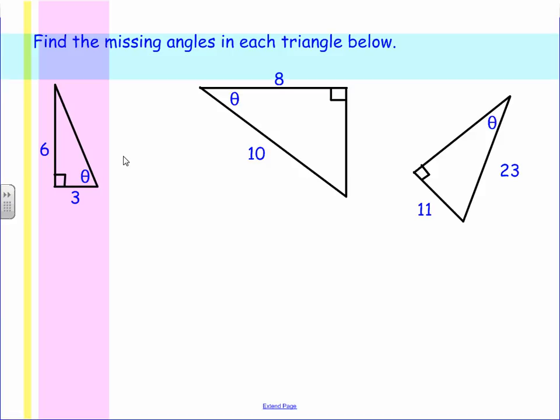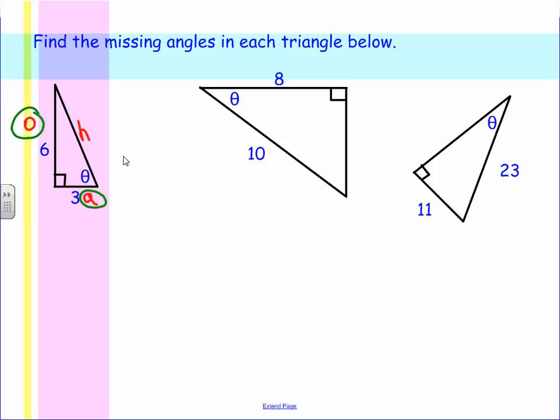Your first step, you're going to label the triangles: opposite, adjacent, hypotenuse. Second step, you're going to circle the ones that you have. So I have this side length and I have this side length. So I know I'm going to use my O and my A. Third step, figure out which trigonometric ratio you want to use.